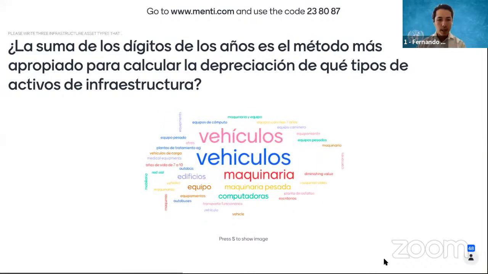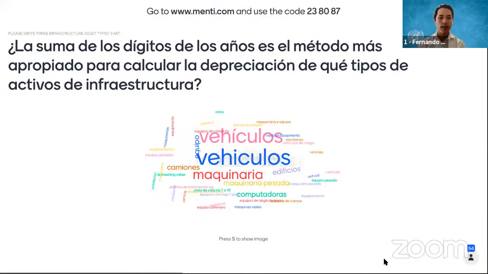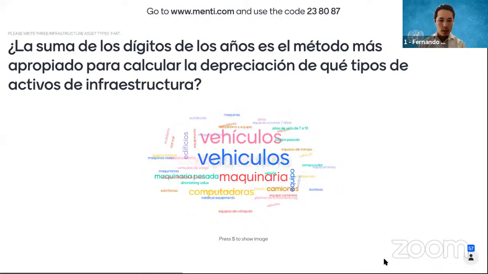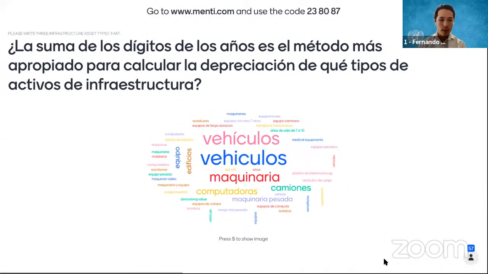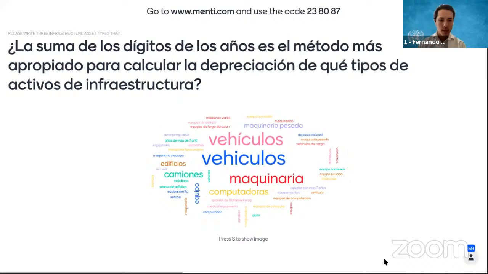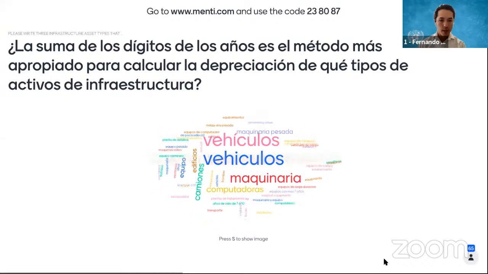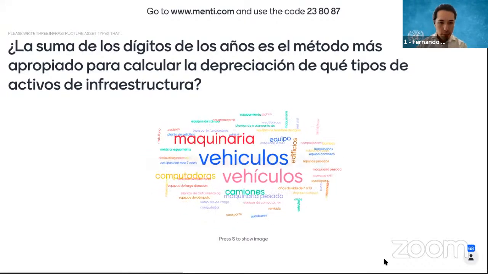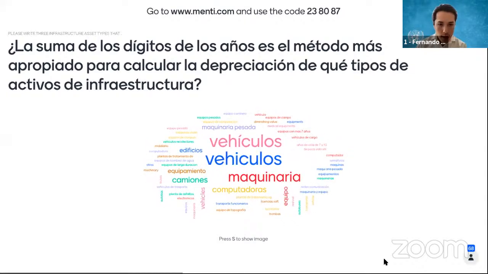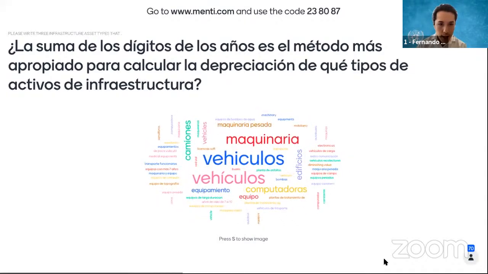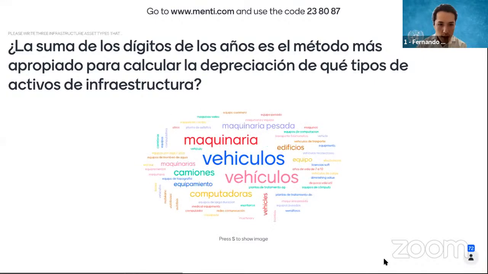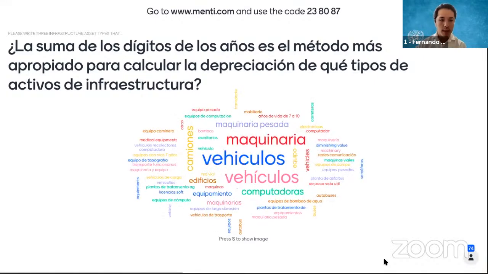Camiones, por ejemplo, quizás camiones de basura o residuos. Vehículos recolectores. Maquinaria pesada. Equipo médico. Buses o autobuses, camiones. Perfecto.